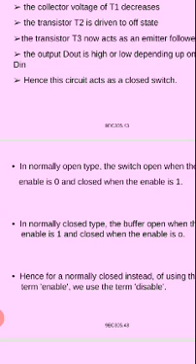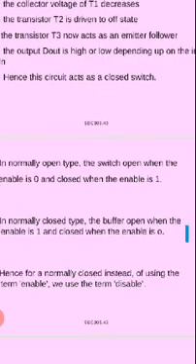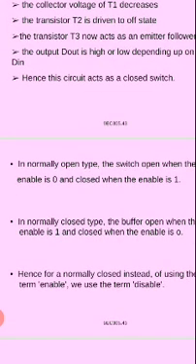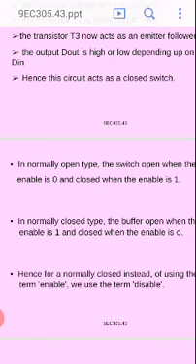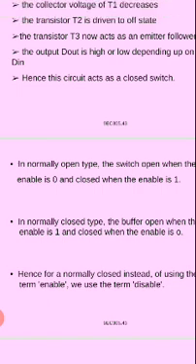Hence, for a normally closed, instead of using the term enable, we use the term disable. For enable, we use 1 to make it active. For disable, we use 0 to make the circuit active. That is the difference in enable and disable input.